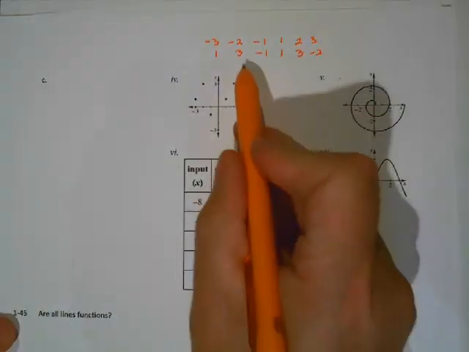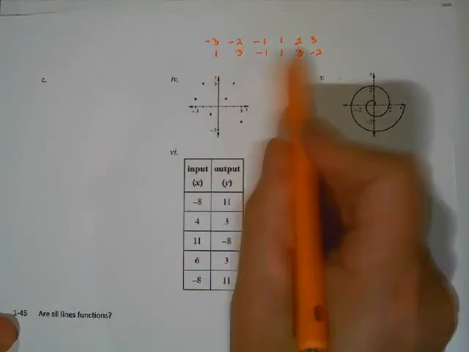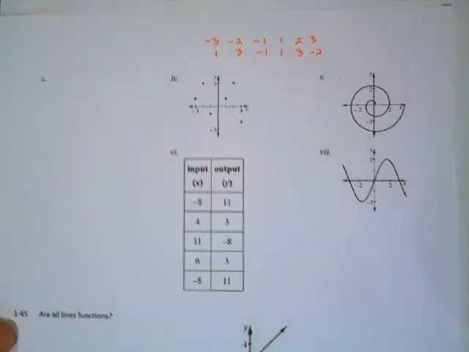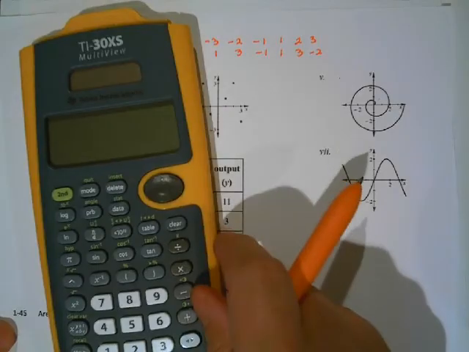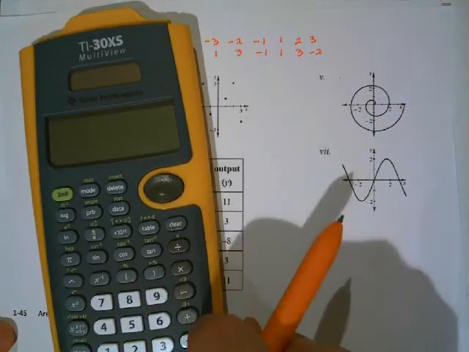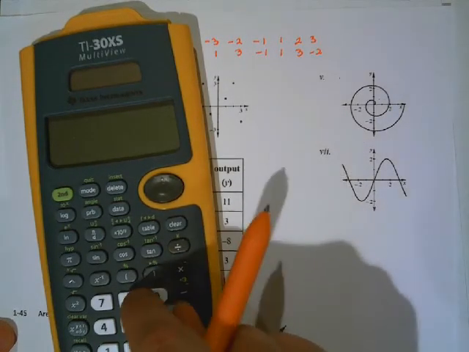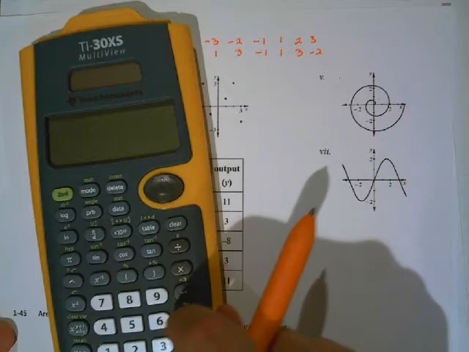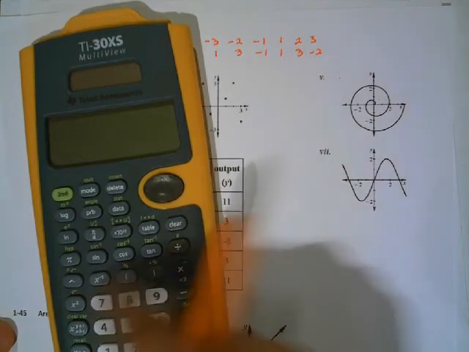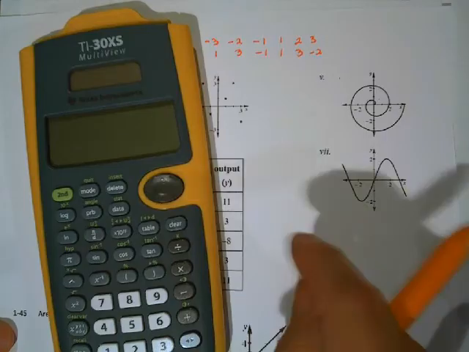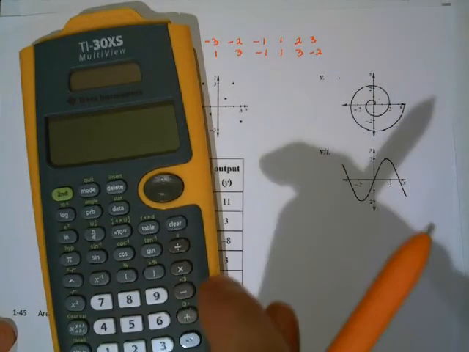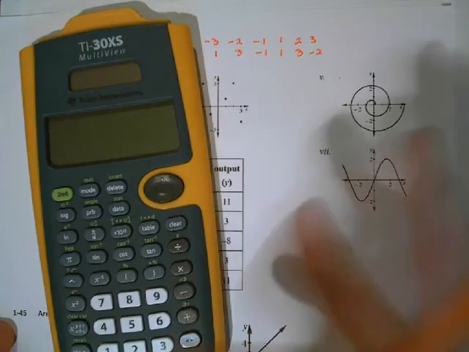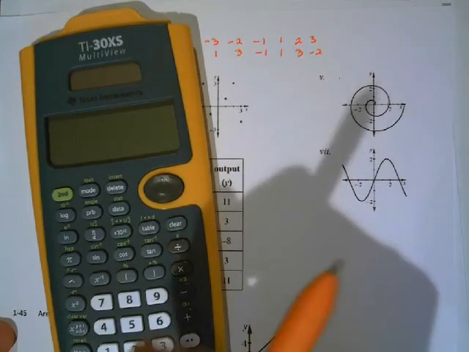Now, you do notice that we're getting more than one y value for different x's, but that's okay, because think back to your calculator. If you typed in 3 times 2, you would get 6. But if you type in 1 times 6, you also get 6. Your calculator's not broken. You're just doing different inputs with the same output, and that's okay. What's broken is if you do 3 times 2 and get 6, and then 3 times 2 and get 5, because you're getting different outputs for the same input.